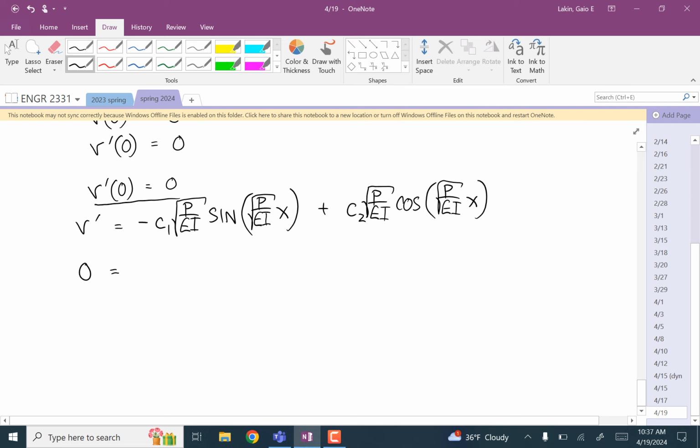But C2 times the square root of P over EI, cosine of 0 is 1. So we have that this is equal to 0. And that tells us that C2 has to be equal to 0. And so now we're going to update our function.